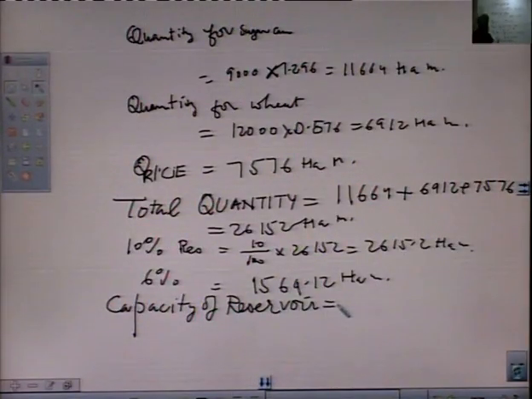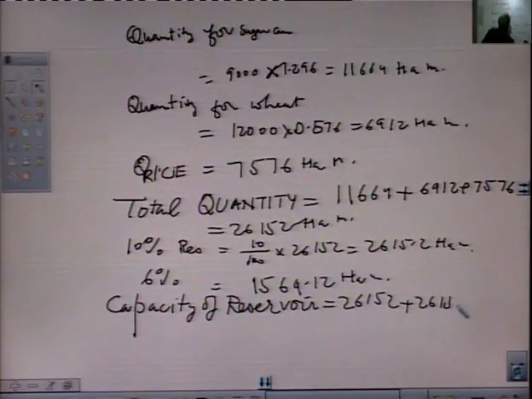Reservoir capacity is equal to 26152 plus 2615.2 plus 156 canal losses.